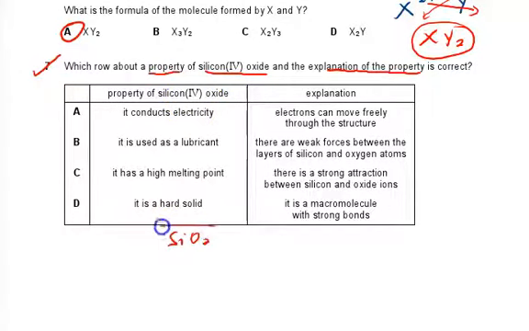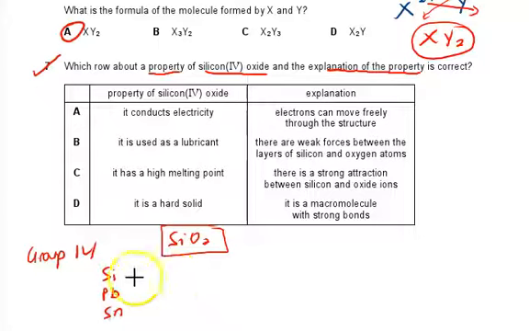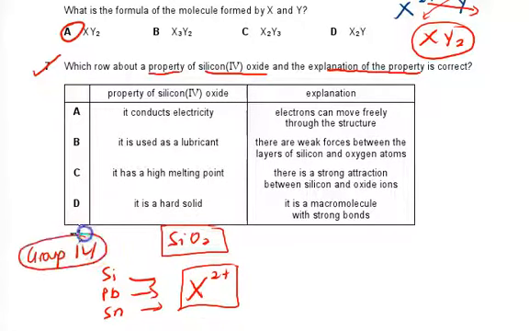Remember, in group 14, which is quite special, silicon, plumbum and stannum can form 2+. It's a bit unique in group 14.